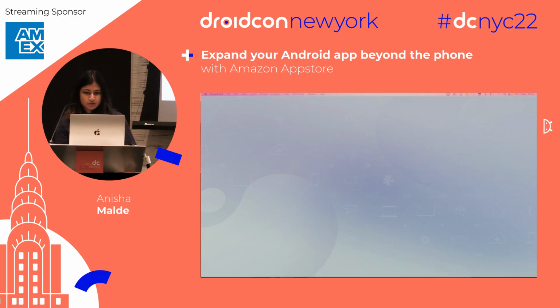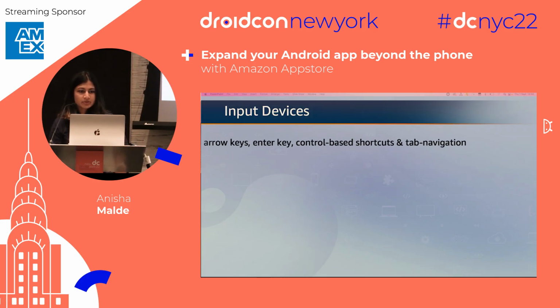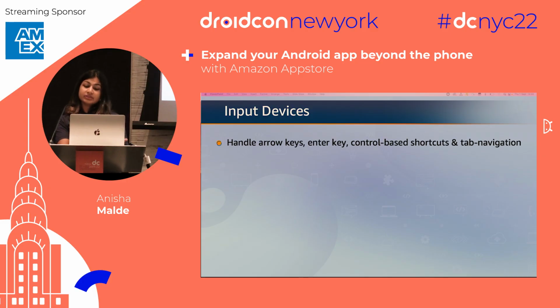But what if you want to ensure that your input devices are handling things the way they're expected? For keystrokes that aren't anticipated by Android frameworks, apps need to handle these behaviors themselves. So for example, pressing enter for submitting text input in an edit text field, or arrow and tab navigation to toggle between 2 different input forms, you need to handle those events yourself.